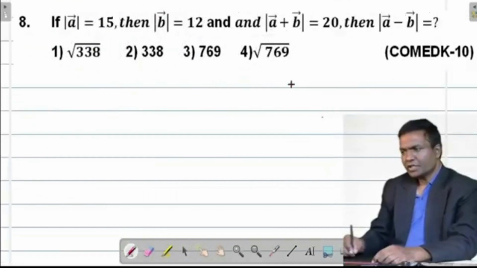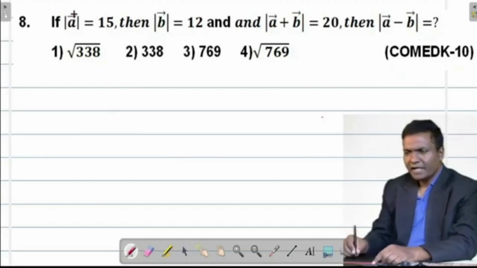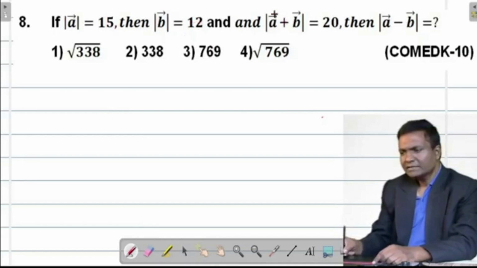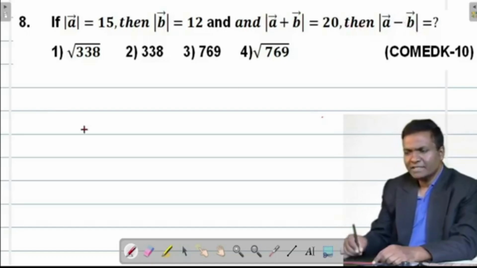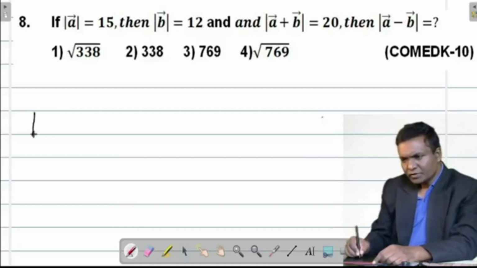Here is another question asked in the year 2010 Comet K. If magnitude of vector A is 15 and magnitude of vector B is 12 and magnitude of vector A plus B is 20, then magnitude of vector A minus B is how much? So there is one important relation to be noted.